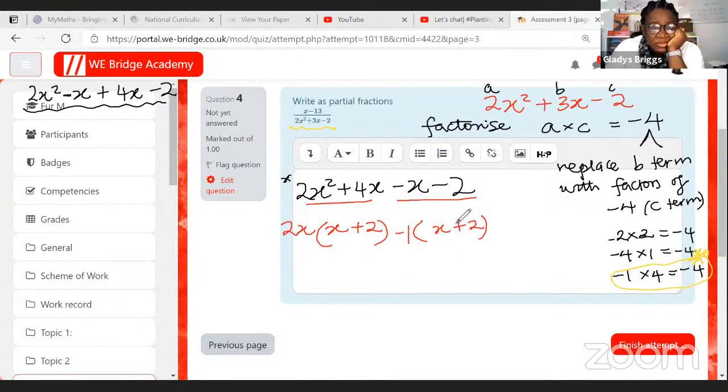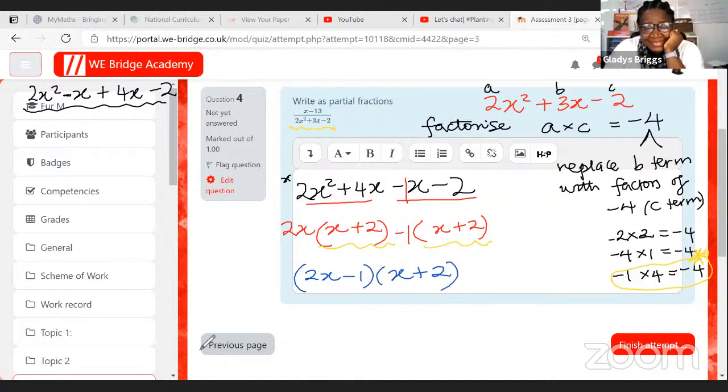Okay? If you factorize them, because this is minus 1x minus 2. So once you have 2 things inside the bracket that are the same, then you can take that as one of the factors and you can leave what's outside the bracket as the other factor. So this is 2x minus 1 and x plus 2.